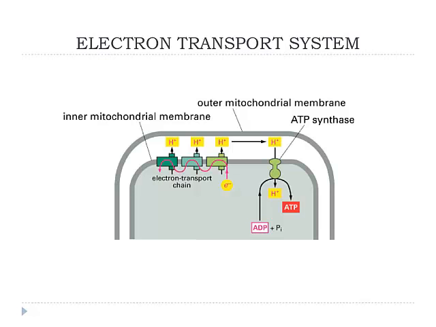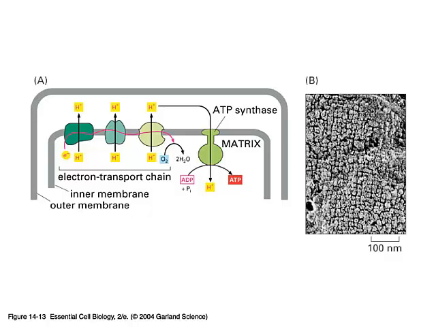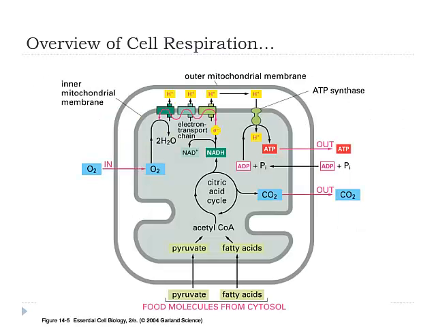It's the part that's a channel for the protons, and also a part that's the enzyme that catalyzes the reaction of ADP to ATP, the phosphorylation of ADP. So here's an electron micrograph of the inner membrane that's studded with these protein complexes that are part of the electron transport chain. So let's take a closer look at what's actually happening.